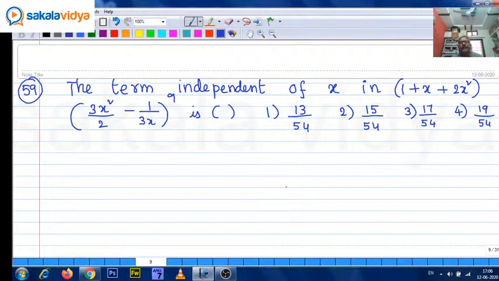The term independent of x in (1 + x + 2x^2) times (3x^2/2 - 1/(3x))^9 is. So how could you solve this problem?